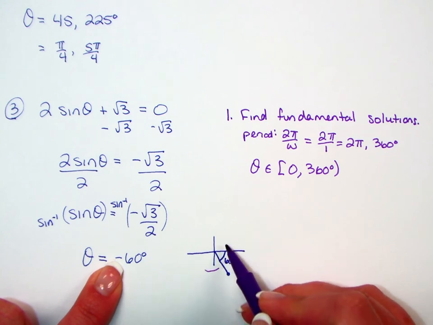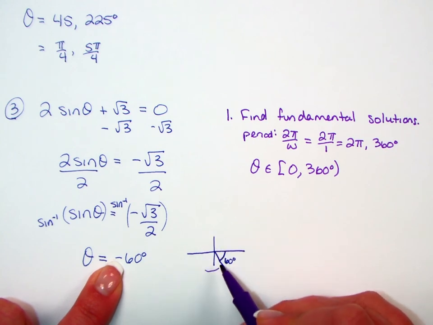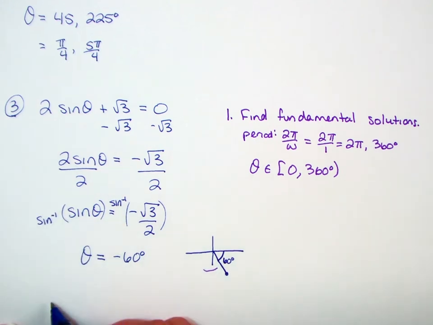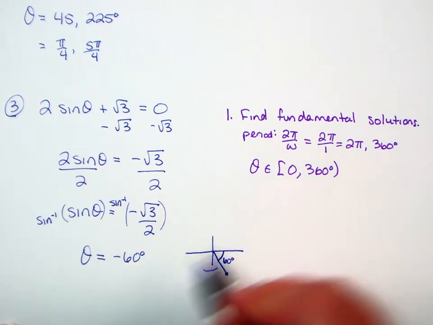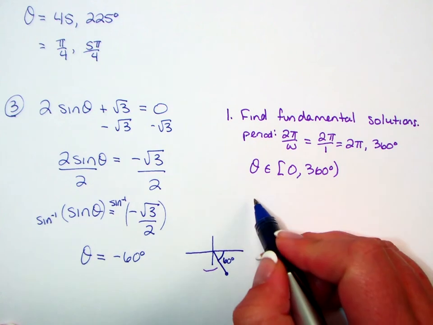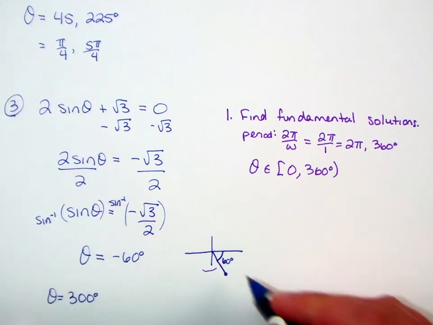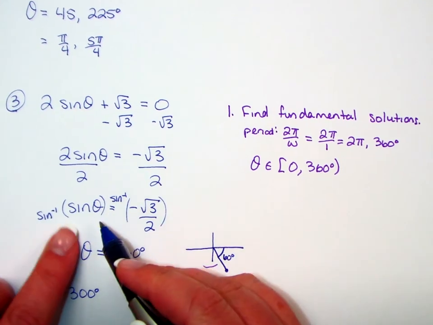So negative 60 as a positive angle would be 300 degrees. So my first fundamental solution is actually going to be 300 degrees. Negative 60 doesn't count.